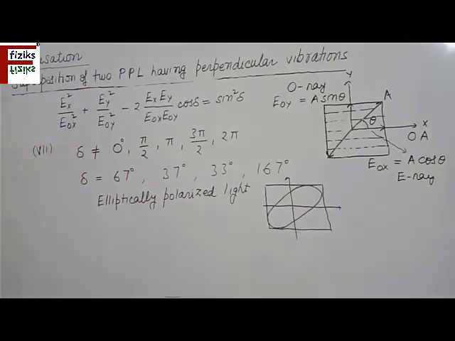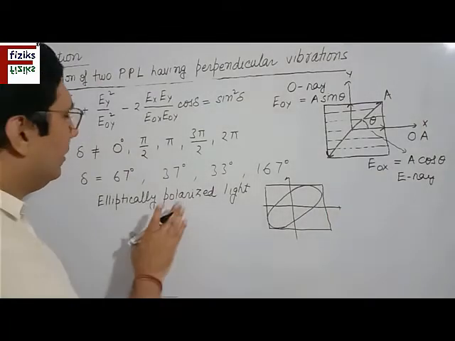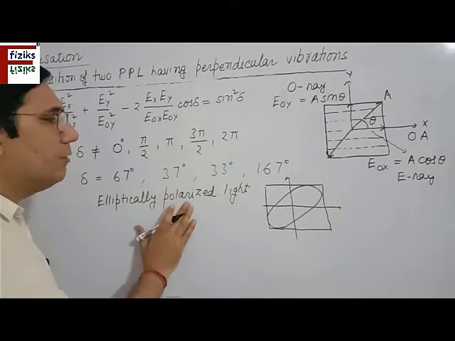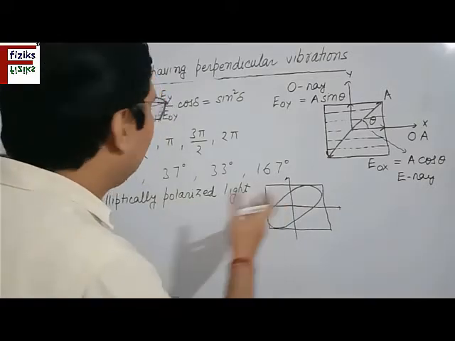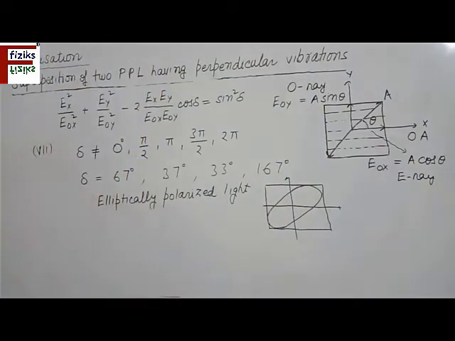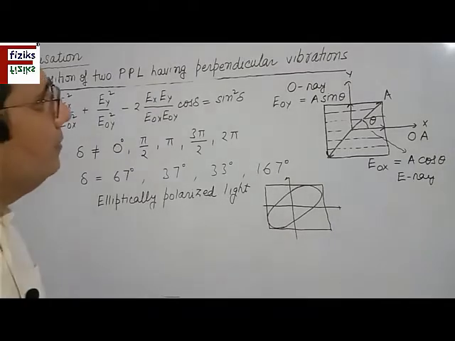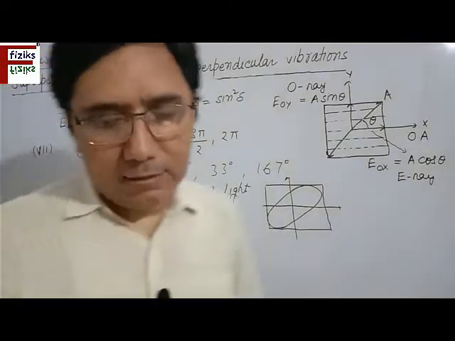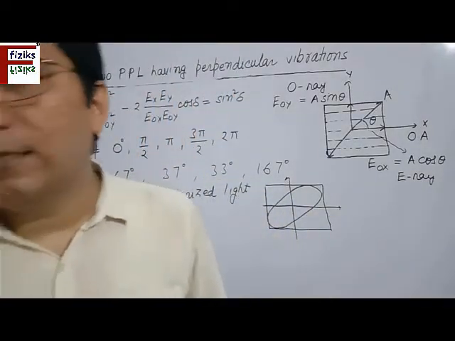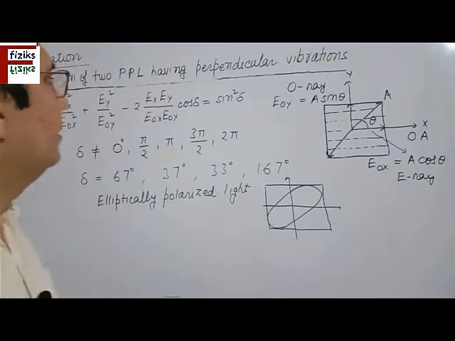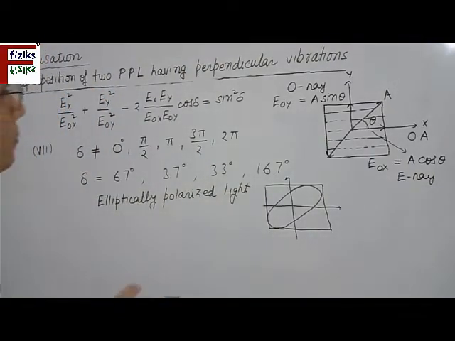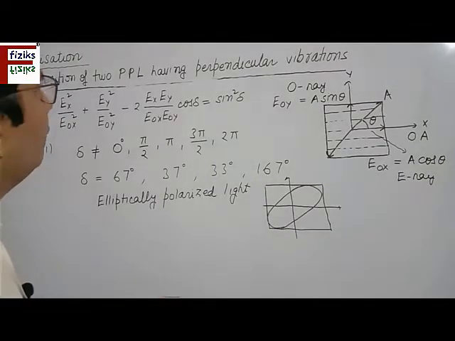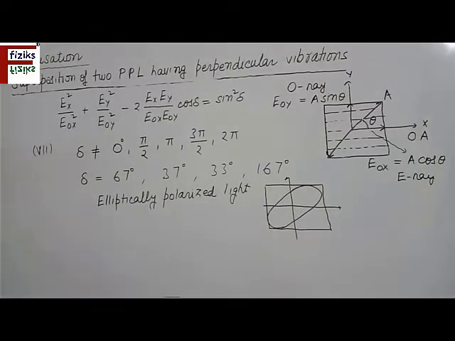Certainly this will not be a rectangular ellipse, but another type of ellipse will be there. So these are all the 7 cases, and I have discussed them one by one with you. You should remember these cases in sequence, what is case number 1, 2, 3, 4, 5, 6, 7. If you remember all these cases, then you can solve most of the questions related to double refraction.